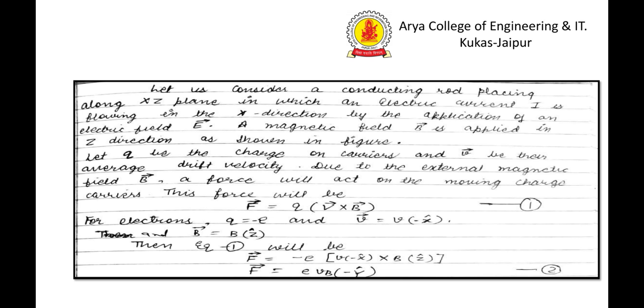A magnetic field B vector is applied in z direction as shown in figure.